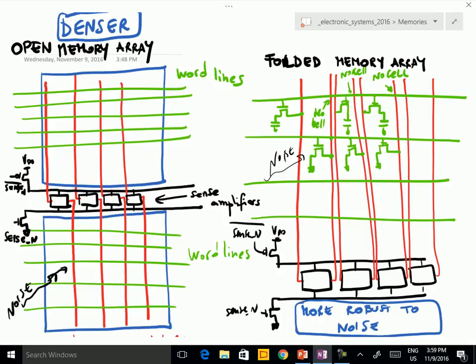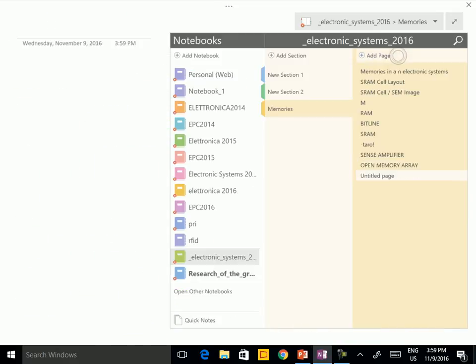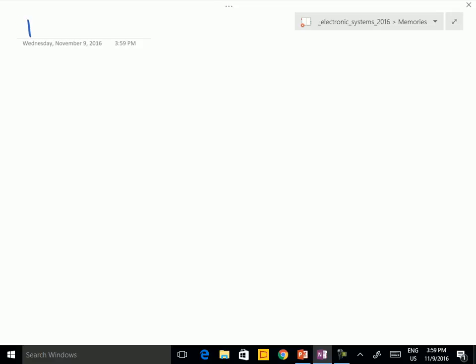Okay, now the issue is how large can these memory arrays be? It actually depends on some constraints on velocity and on power consumption. Let's consider first the power consumption. The power consumption that is important here is the power consumption of the sense amplifier.